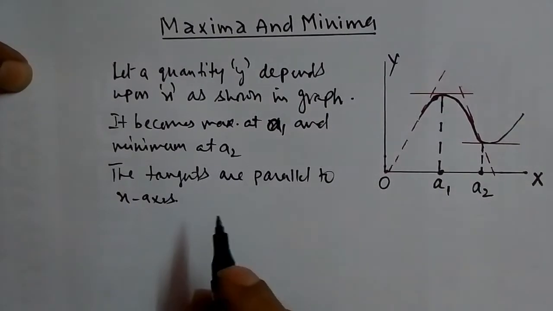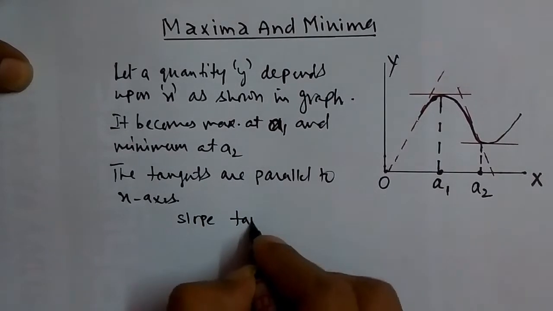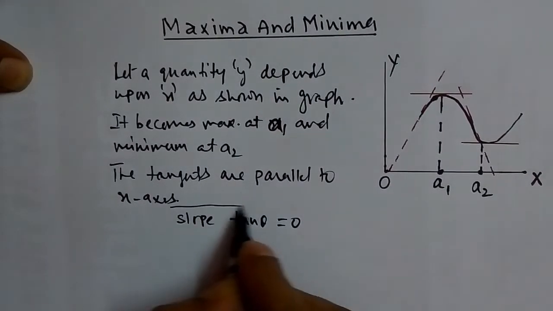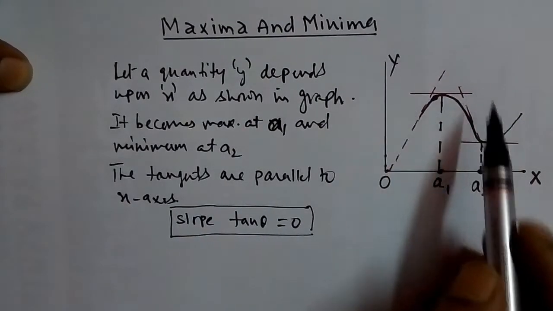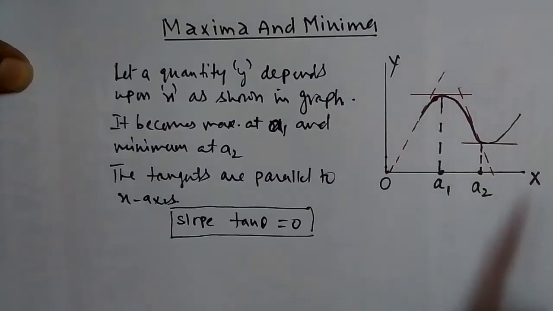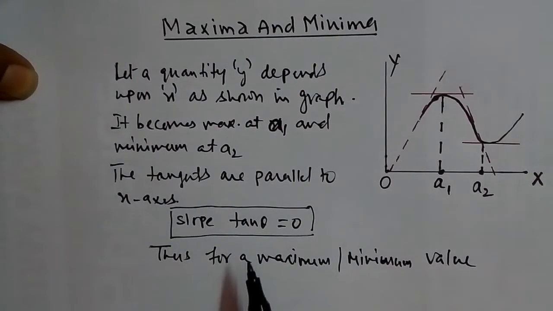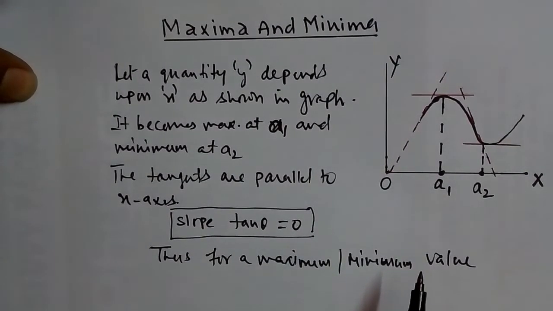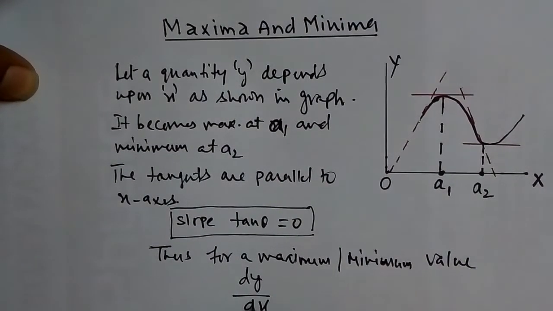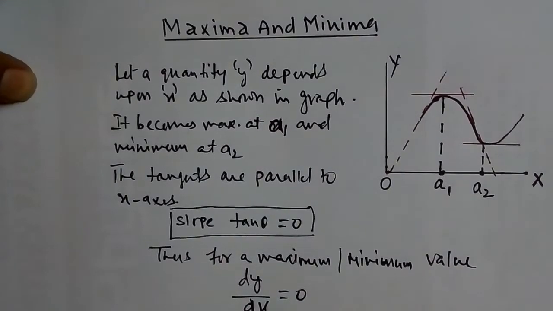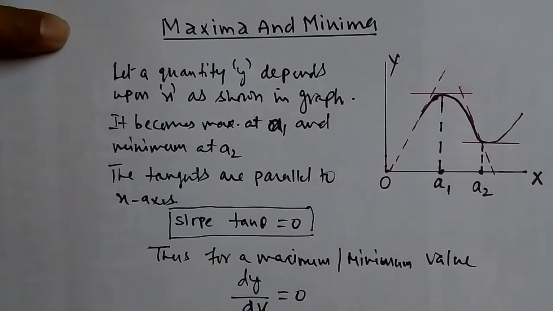And thus we can say the slope tan theta equals 0. Why is this slope tan theta equal to 0? Because the tangent is parallel to the x-axis in both cases, a1 as well as a2. So for a maximum or minimum value we can write the rate of change dy by dx is equal to 0. Since the slope tan theta is equal to 0, that is why we write dy by dx is equal to 0.